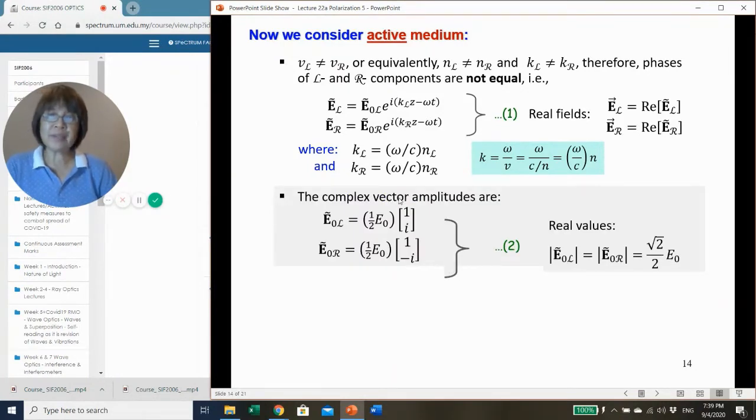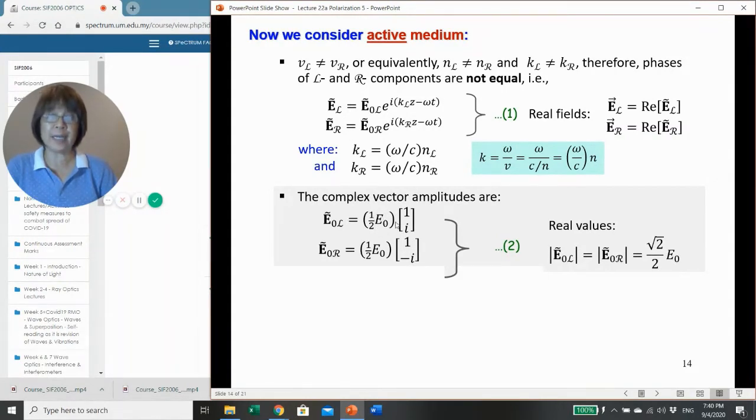Now the complex vector amplitude, we will represent using the Jones vector for the left and right circularly polarized light. You have one, i and one, negative i, and the prefactor here gives the amplitude.